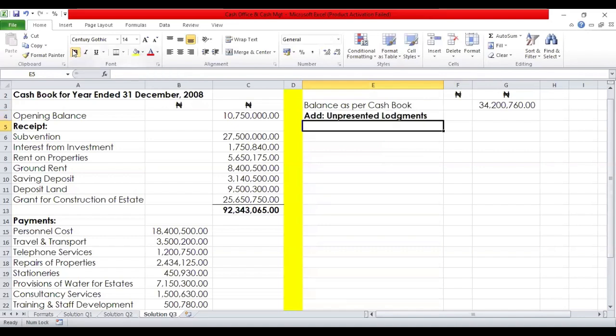Now, what do we have? Do we have anything like unpresented cheque in the question? And what are the other unpresented items?